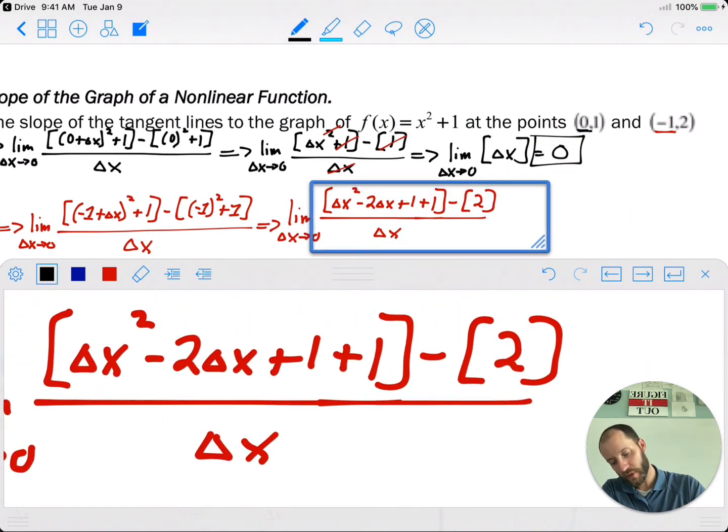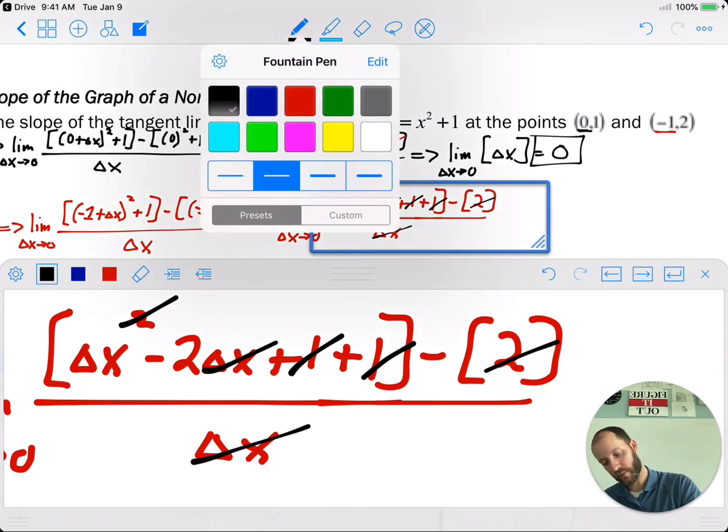In the bottom, in the first set of brackets, 1 plus 1 minus 2. All those cancel out. Every single term left has a delta x. So squared goes away, this one goes away, this goes away.